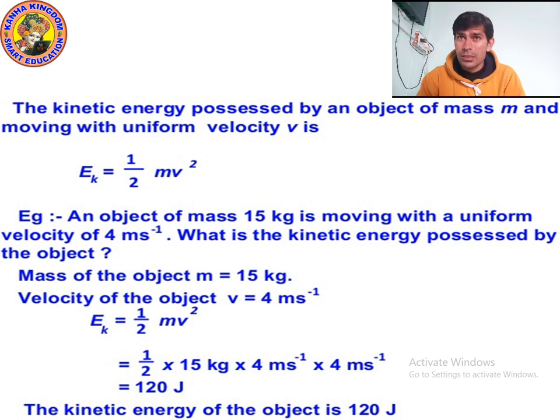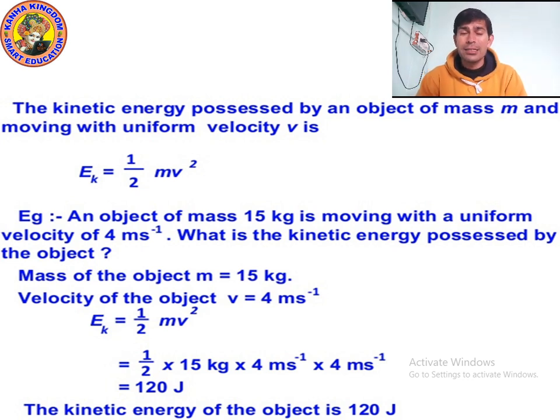Suppose an object is moving with uniform velocity v, and the mass of the object is m. Everything has mass, even air. So what will be the energy of an object of mass m moving with uniform velocity v?